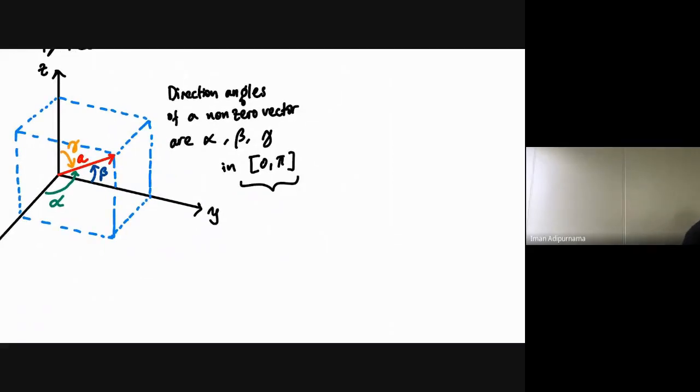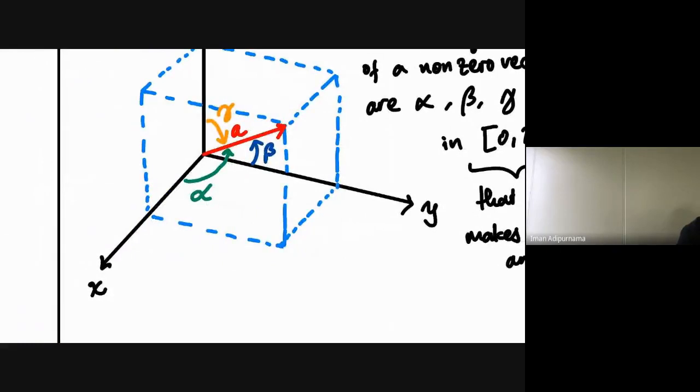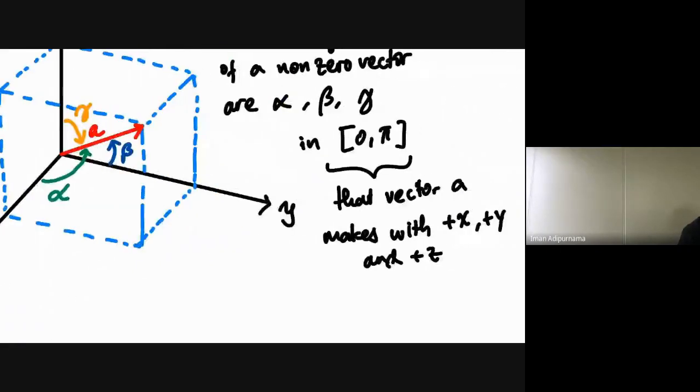And these are the angles that vector A makes with the positive x-axis, positive y, and positive z. Meaning that it is these angles that we already drew here.